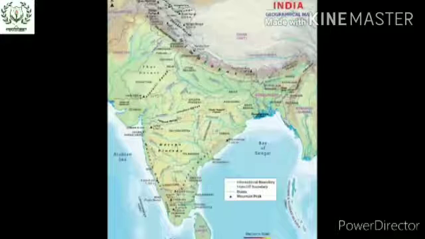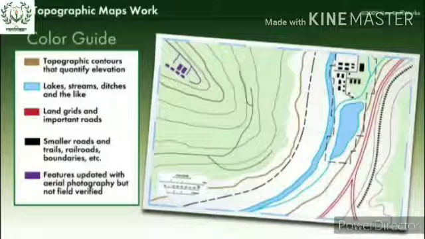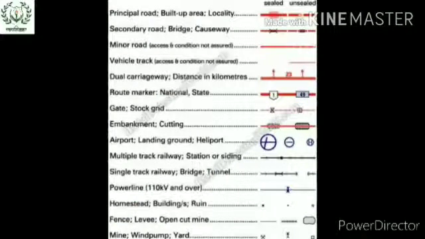There is a certain kind of language associated with maps. There are different symbols, colors and signs to show different things in the map. We should be able to understand these symbols.